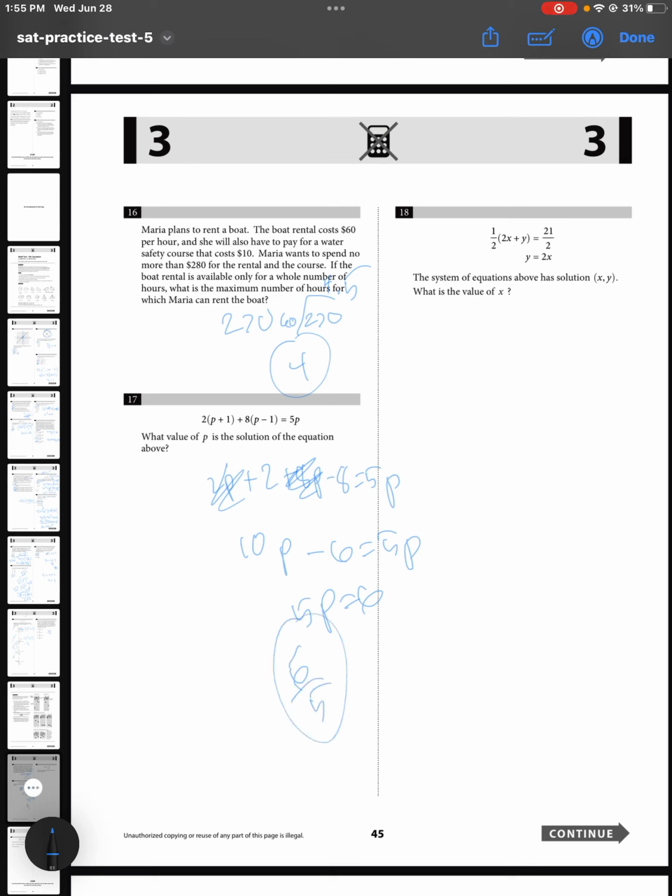This one. Shoot, okay, so y equals 2x. So 1/2 4x. 2 times 2 times 2. 4x equals 21. 21 over 4.